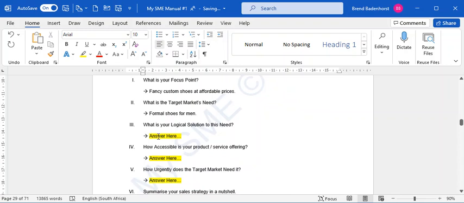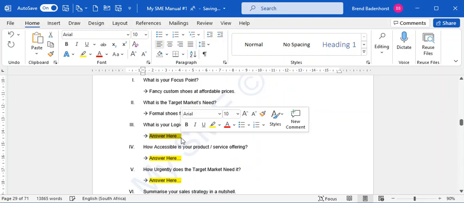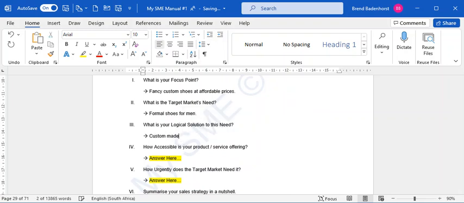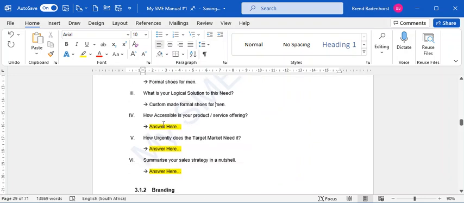Then we have your logical solution, custom-made formal shoes for men. How accessible is your product and service offering? It's going to be available online and in store. So that department looks good.